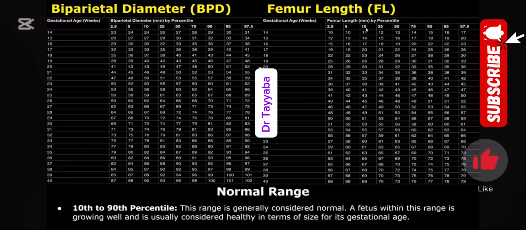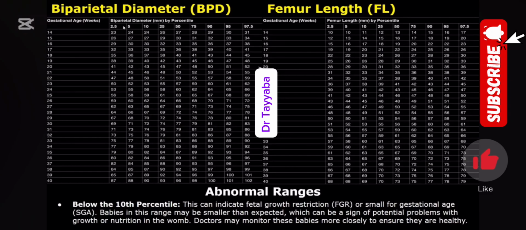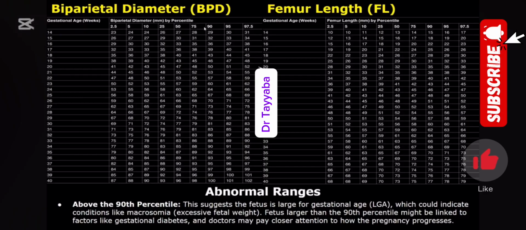Measurements that fall below the 10th percentile are considered abnormally short. The values in the 2.5th and 5th percentiles are considered short or small for gestational age and can indicate intrauterine growth restriction. Measurements that exceed the 90th percentile are usually considered large for gestational age.